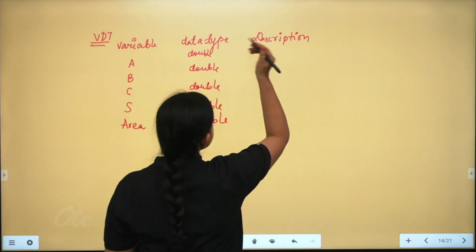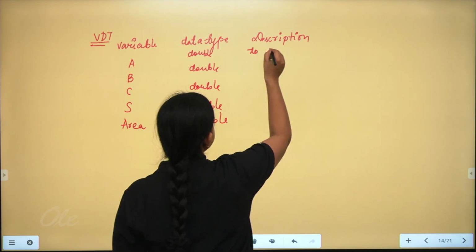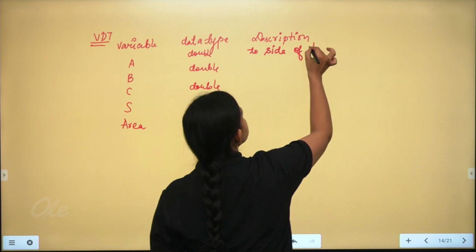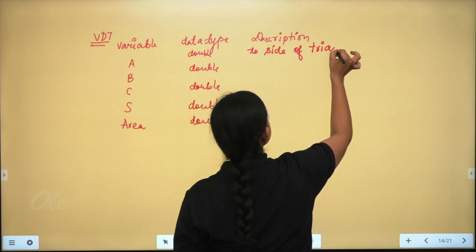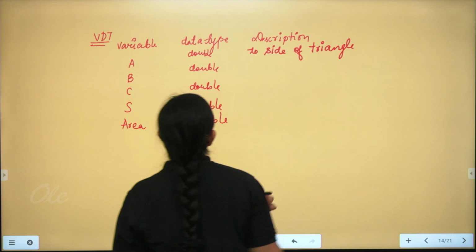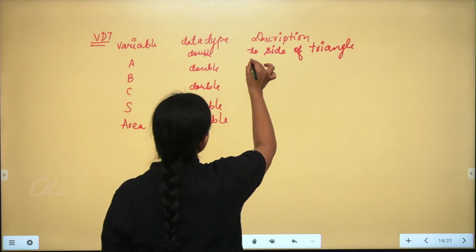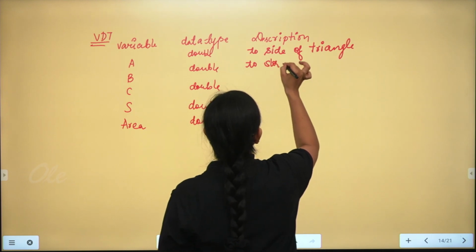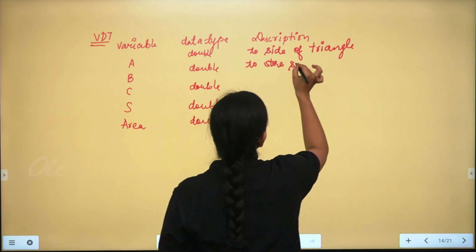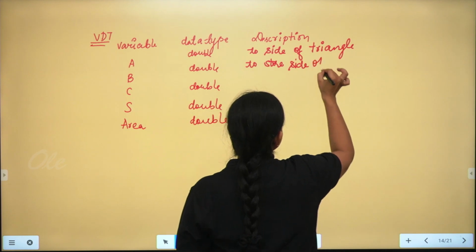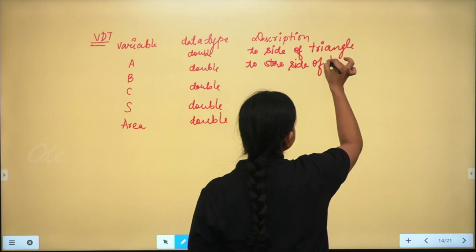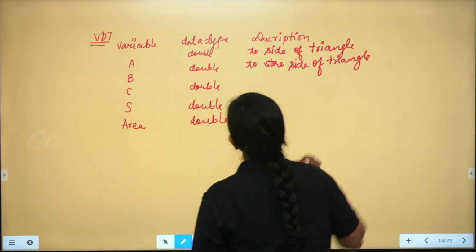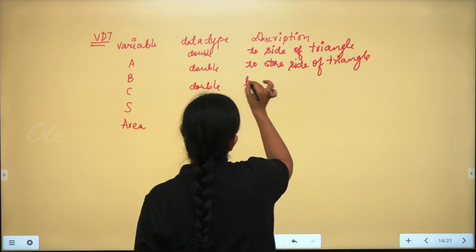So A is stored to side of triangle. Similarly, B is also used to store side of triangle. C also does the same task.